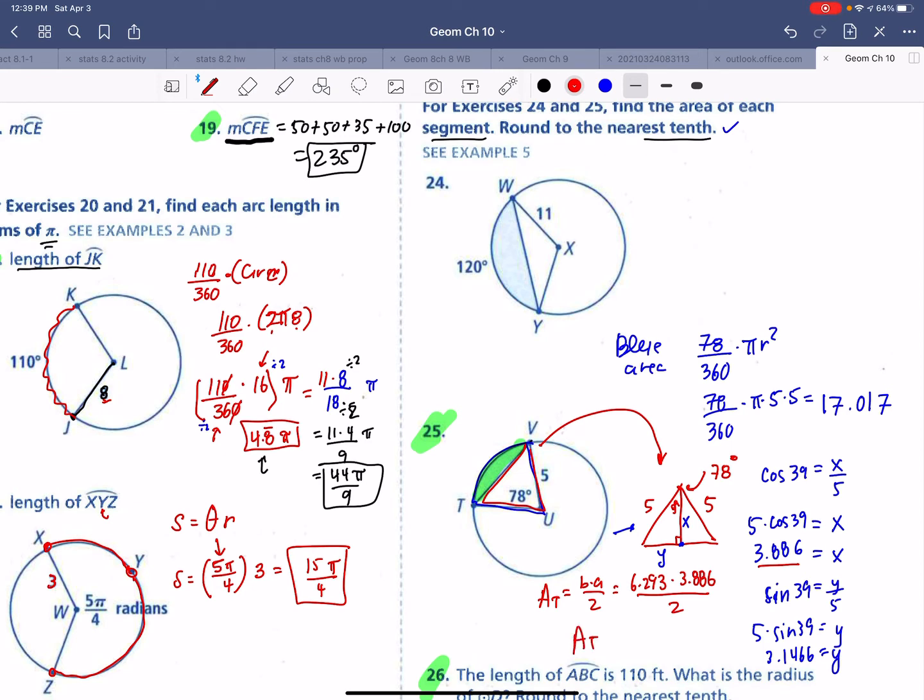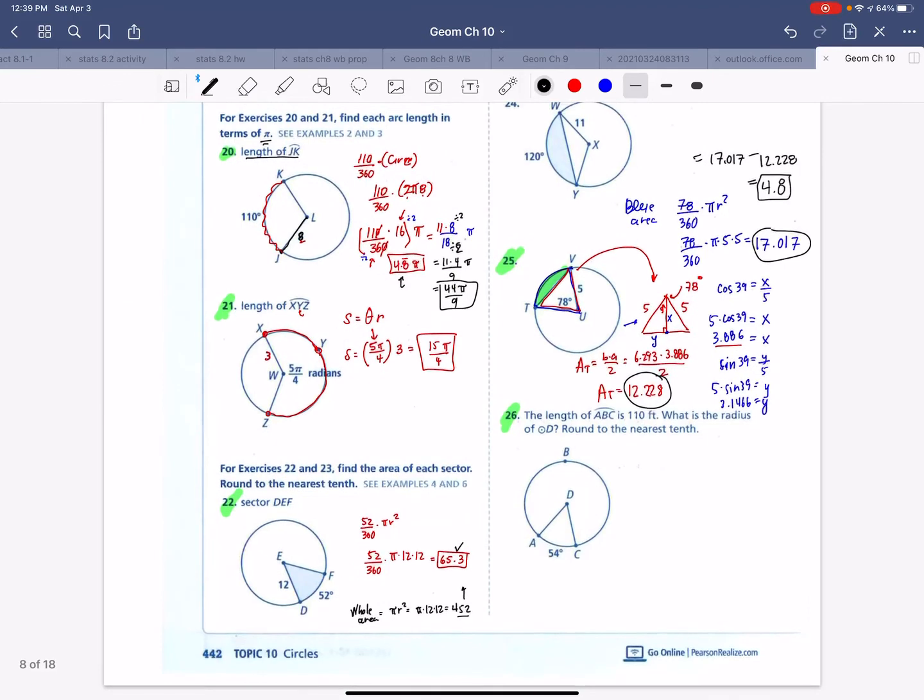So the area of my triangle is 12.228. Okay, so to find the area of my green part, I'm going to say it's the blue part take away my triangle. It's not leaving me a whole lot left. Final answer, round to the nearest tenth, 4.8.